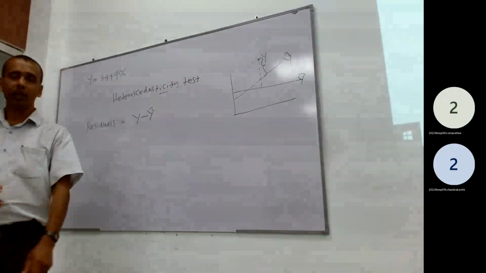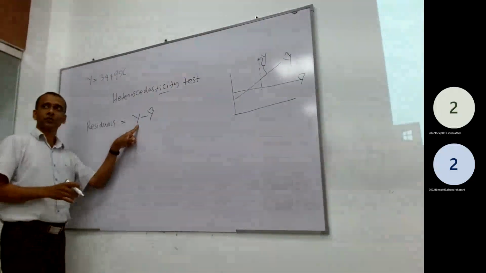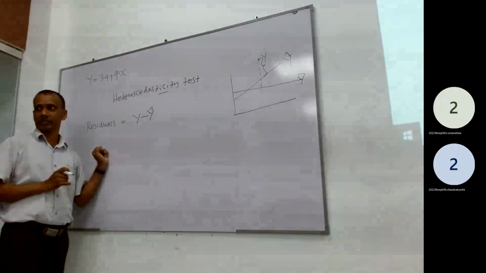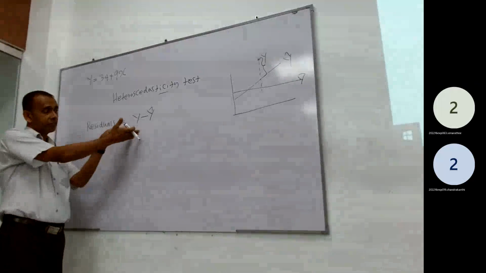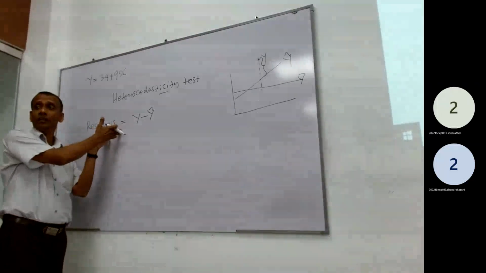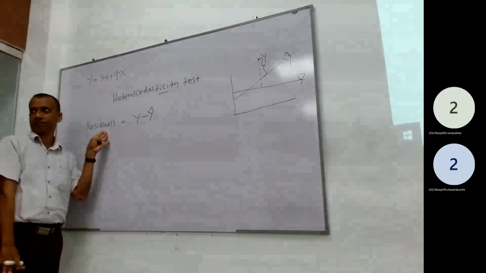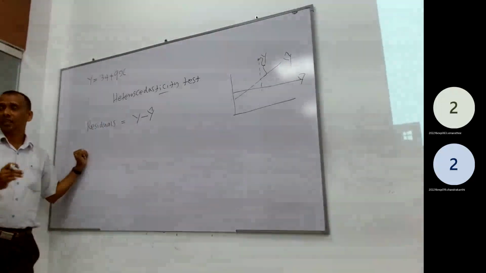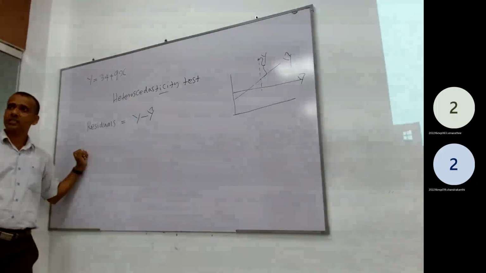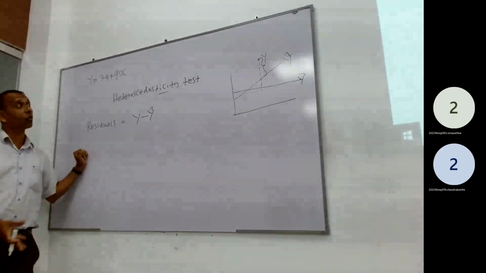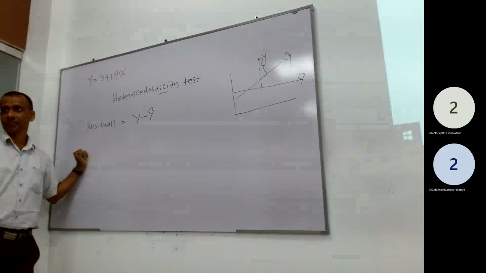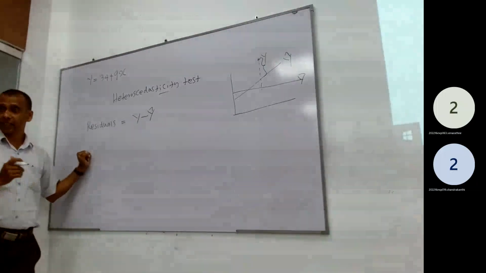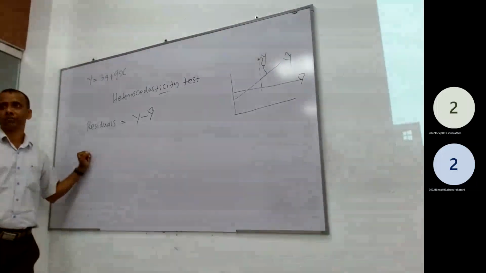When you calculate the variance of this residual Y minus Y hat, if the variance of the residual is constant, that is called homoscedasticity. If the variance of the residual is not constant, that is called heteroscedasticity. Heteroscedasticity is a problem in the regression model.